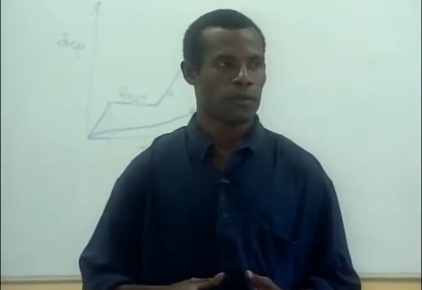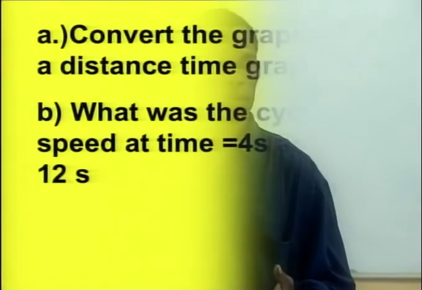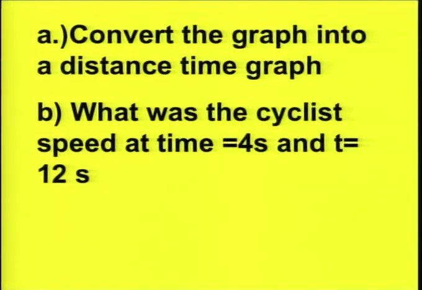And you can also convert information from one graph to another. For example, if you were to use the information on a velocity time graph, you can get the displacement, or you can use acceleration to plot a graph of acceleration against time. Or sometimes if you are given a displacement time graph, you can convert it to a distance time graph and then find the speed at different points.